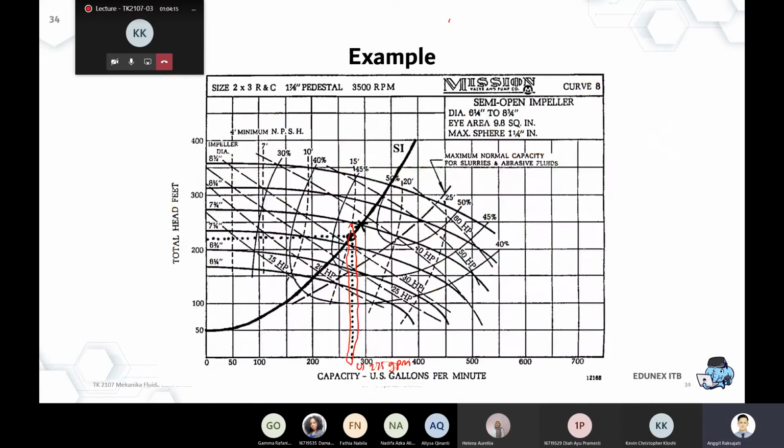So once we match those numbers, 219 feet, sorry, 219 feet head generated by the pump. That's the required head, right?